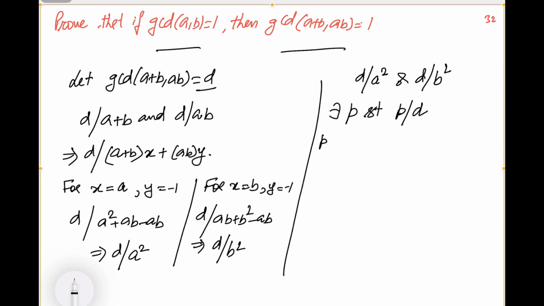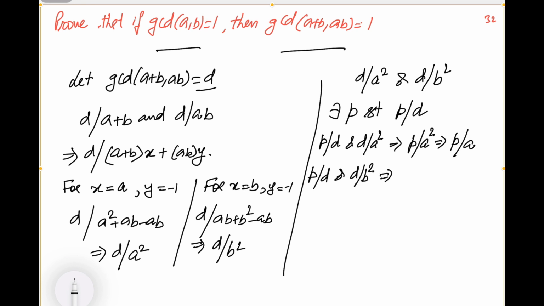Now p divides d and d divides a square implies p divides a square, and further we know then p will divide a. Similarly, p divides d, d divides b square implies p divides b square, which is p divides b.